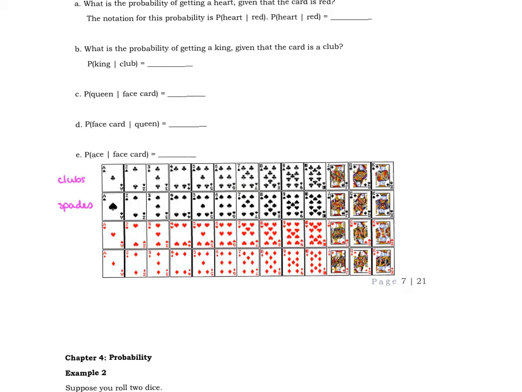I think we can get those figured out. The face cards are these last 3 rows here. Aces are not considered to be face cards because there's no picture of a face on it. So no face cards there.